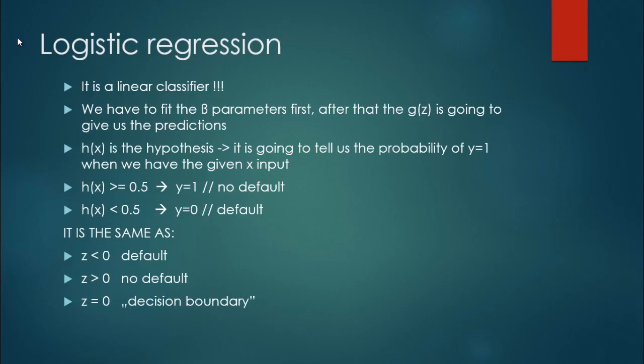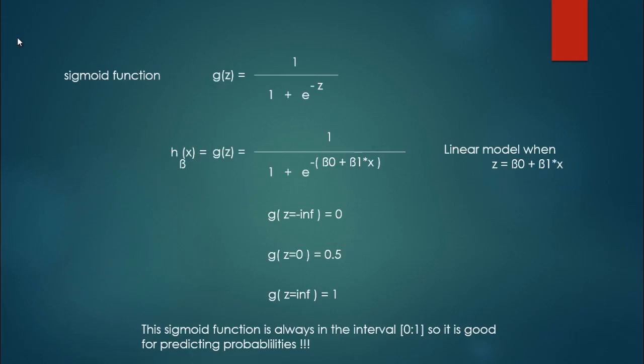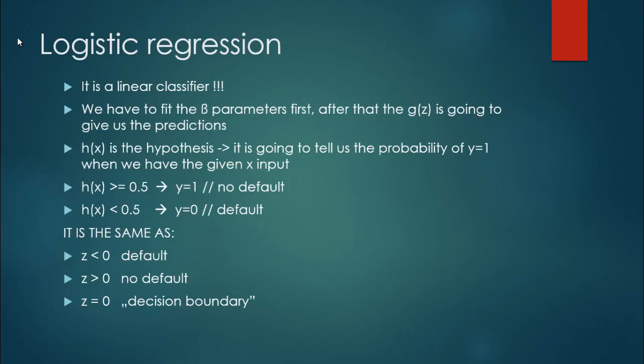Okay, so logistic regression is a linear classifier. We have to fit the beta parameters first. What are the beta parameters? As you can see in the second equation, they're the b0 and b1 in e to the minus (b0 plus b1 times x). And we have to find these b0 and b1 parameters to be able to make good predictions.